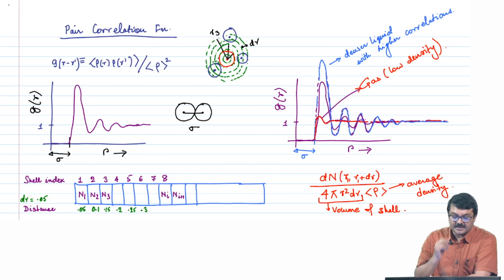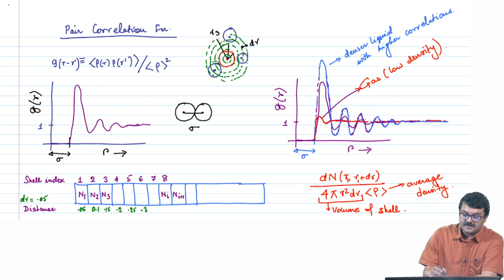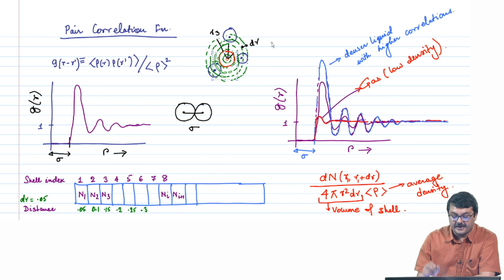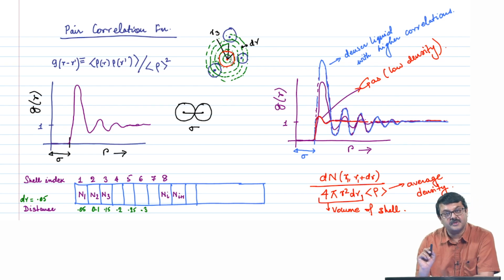Okay. Now, just for an example, suppose you are looking at this particular red particle here, and basically what you do to calculate the pair correlation function is draw concentric circles, which are marked in green here, around this red particle, right, and you figure out within each of these concentric circles how many of its neighbors are there.